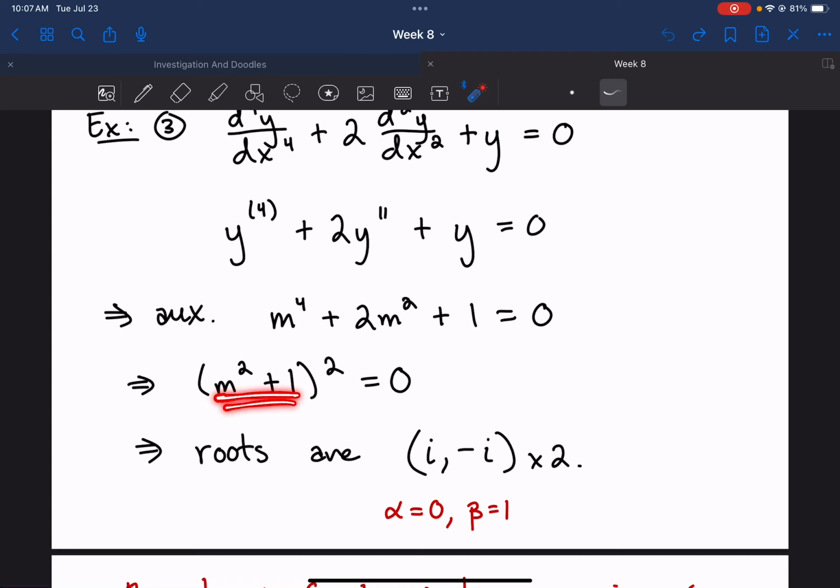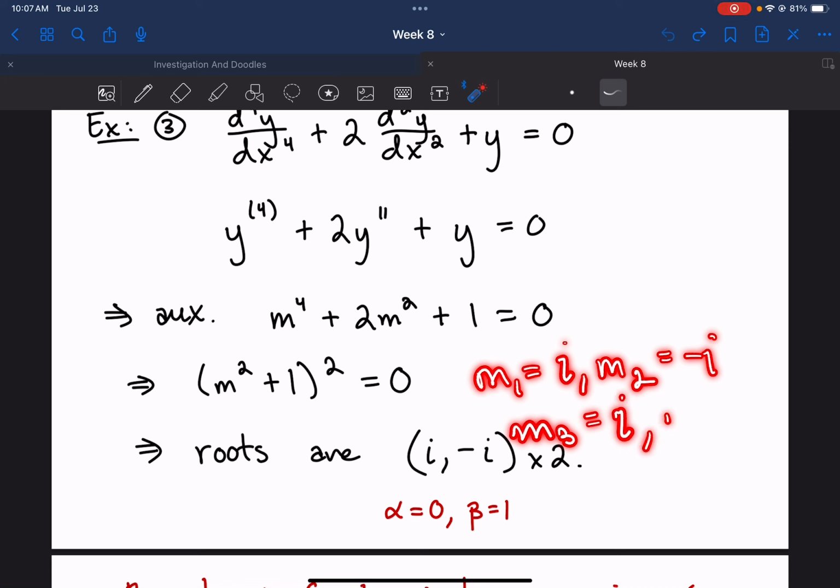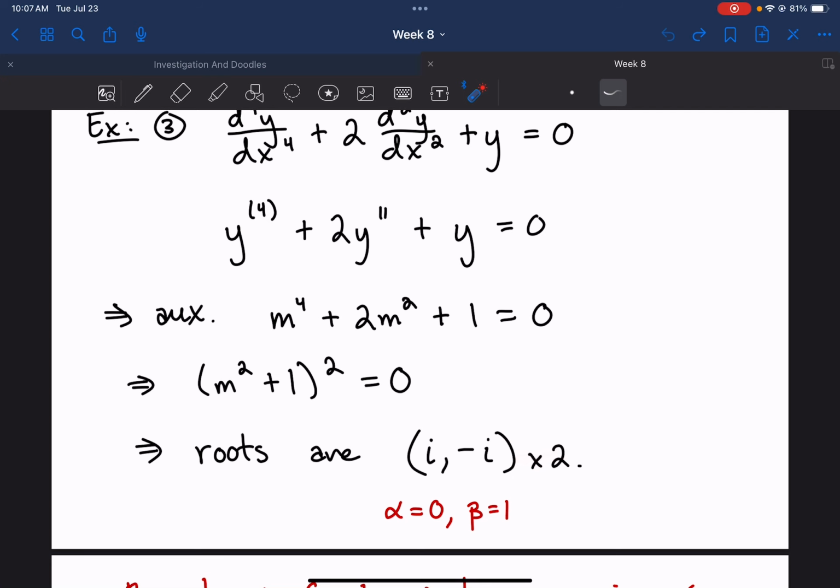So we get m1 equals i, m2 equals negative i, m3 equals i, and m4 equals minus i. I've got plus minus i repeated, basically. So I've got alpha equals 0, beta equals 1, twice.